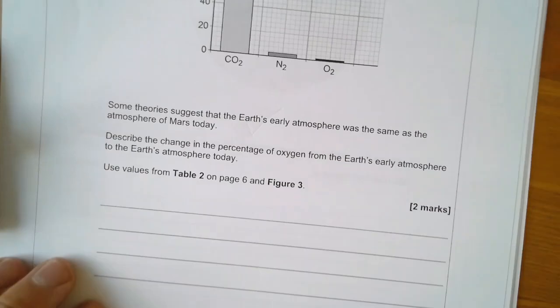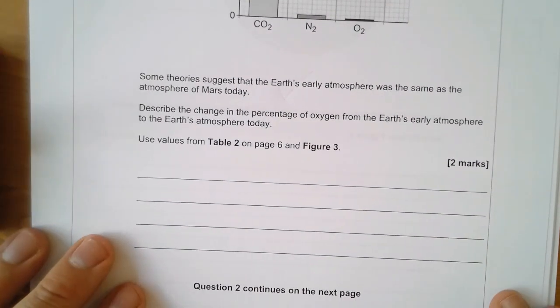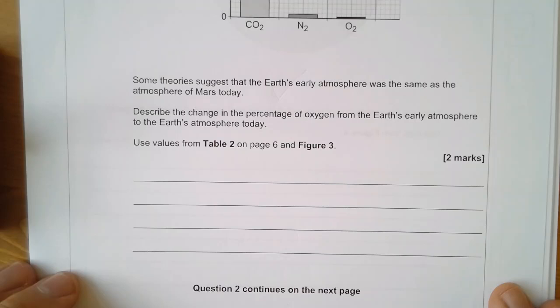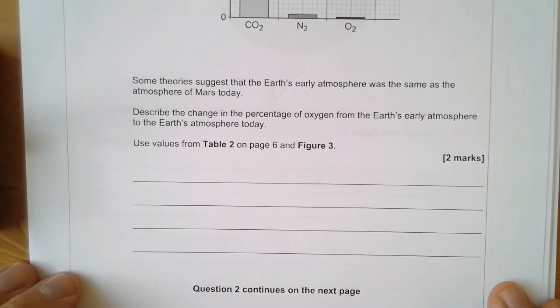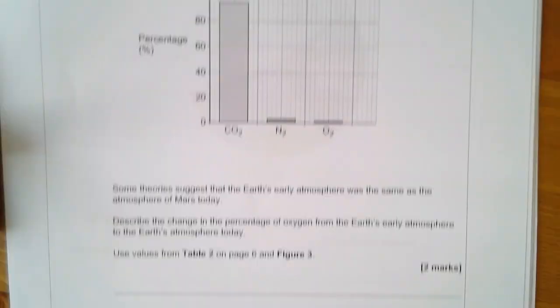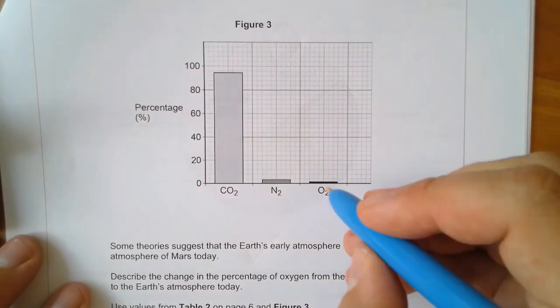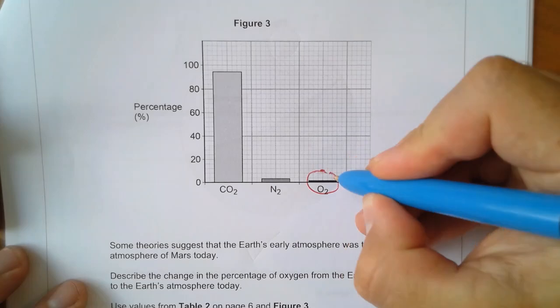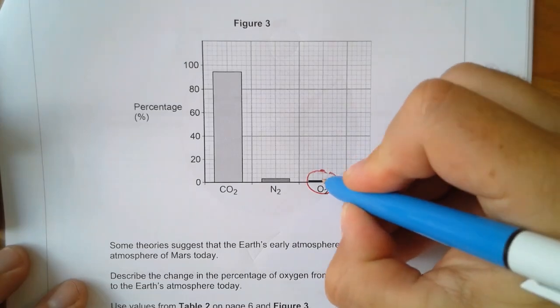Some theories suggest that Earth's early atmosphere was the same as the atmosphere of Mars today. Describe the change in the percentage of oxygen from the Earth's early atmosphere to the Earth's atmosphere today. So if we have a look at our table, it started off very, very low. So this looks to be about 2 or 3%.